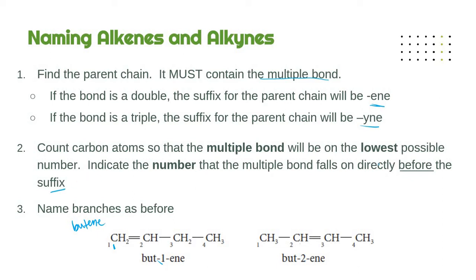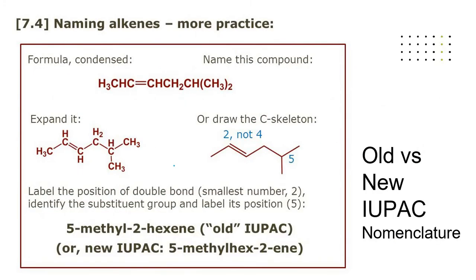This is actually the new IUPAC system. Before, you can see in your module and your books something like this, 2-ene, but now it's hex-2-ene. I will consider both. Since I was not the one who made your module, and I also know that in science we have to update and follow the updates as much as we can.